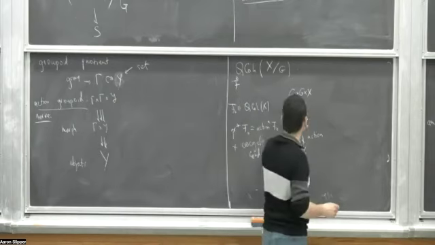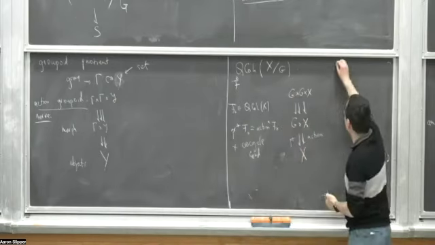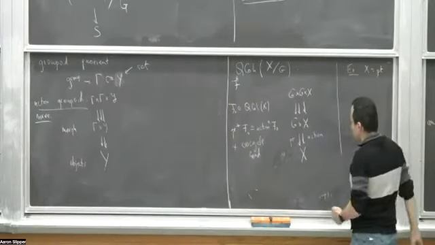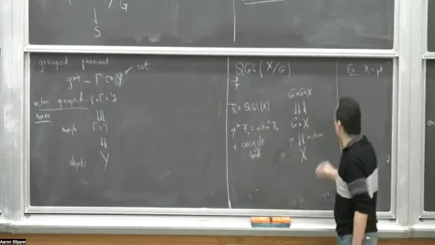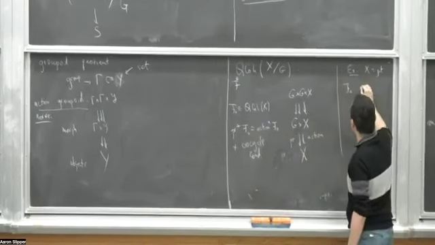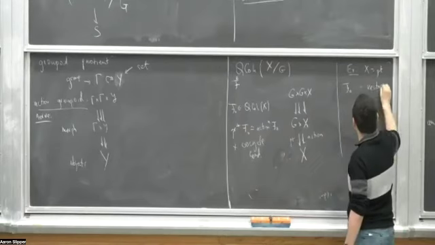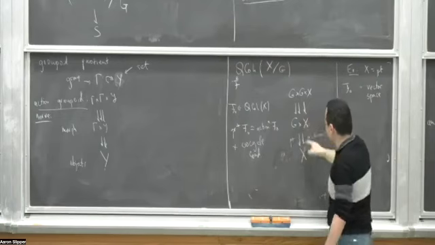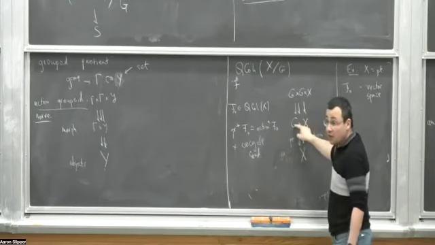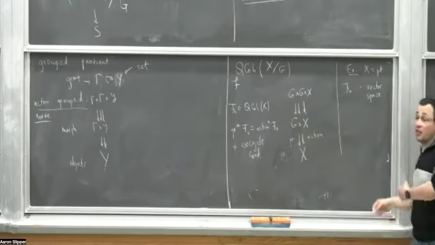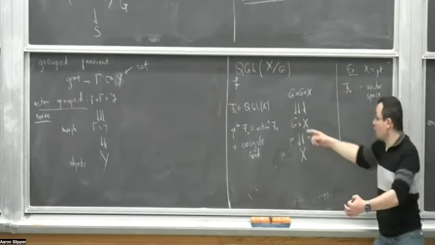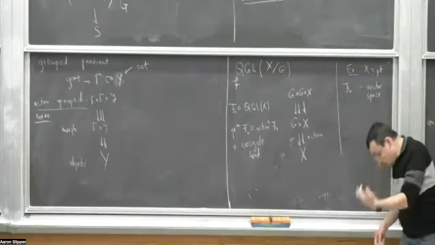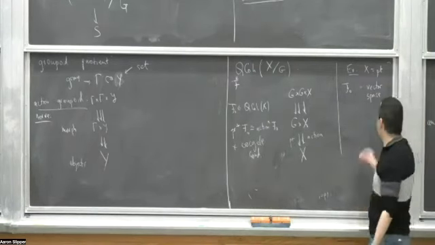So let me unravel this in the case where X is a point. X is a point, so the data of F0 is just a vector space. And then I'm supposed to pull it back. This is just G. So the pullback of some vector space to G, along both of these, which are now projection maps, is just the ring of functions on G tensor that vector space.